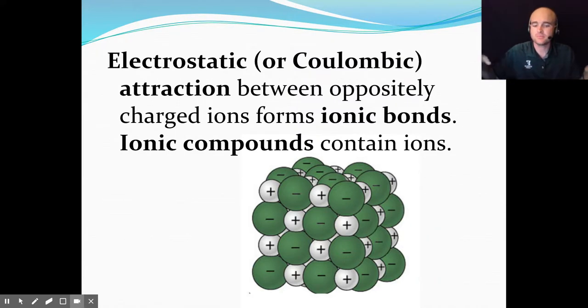Just like two balloons that repel away from each other, that would be Coulombic repulsion. If they were like charges, they would repel. I'm sorry, if they were opposite charges, they would attract to each other. That would be a Coulombic attraction. That's what will hold the positive and negative ions together in this ionic bond.